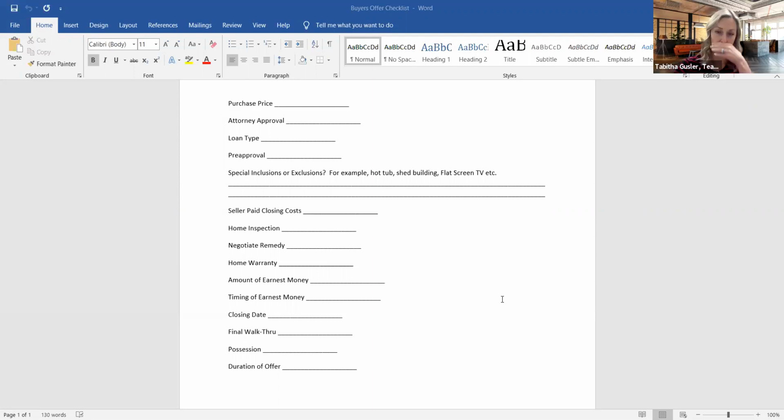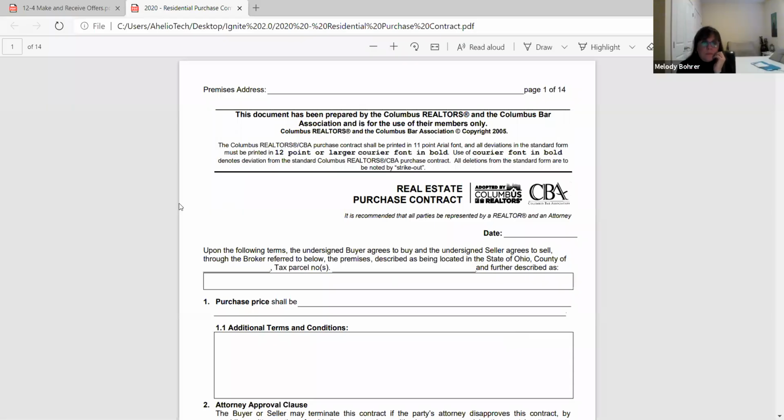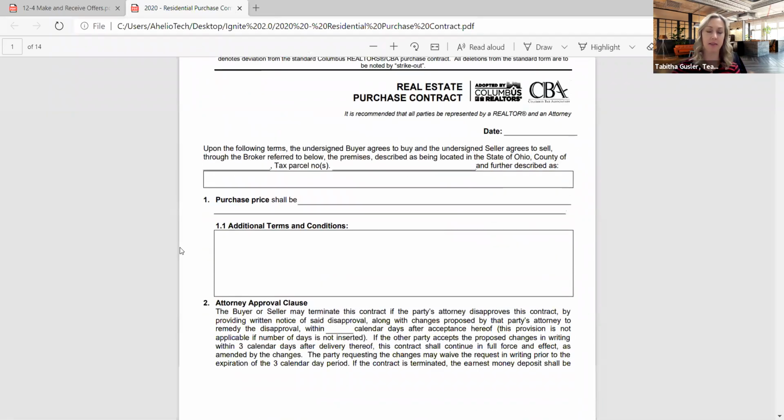So let's look. I'm going to stop sharing and pick up a different document here. Do you see the residential purchase contract on your screens? Yes. Perfect.